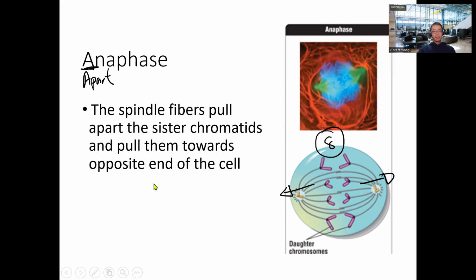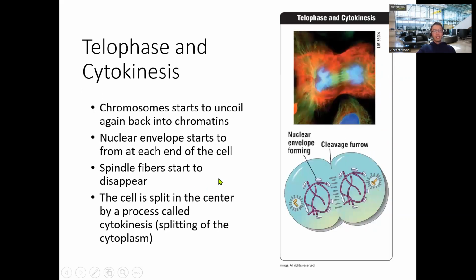Okay. Very good. Finally, we have telophase and something called cytokinesis. T for tearing apart. Okay. So it's actually quite simple. Telophase is the opposite of what happened in prophase. So everything that happened in prophase, we just do it backwards.